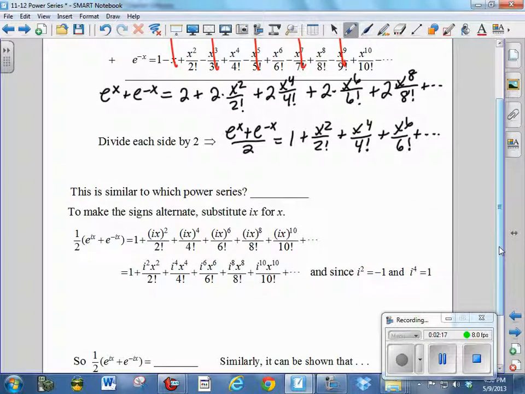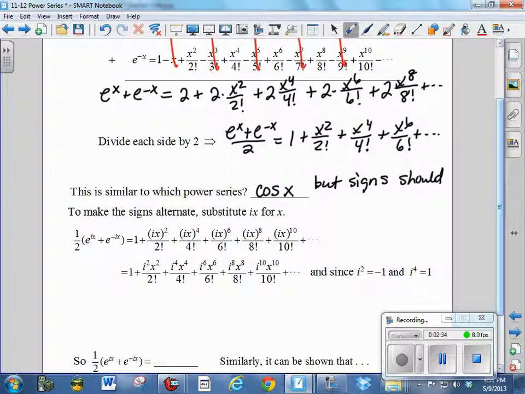Well, hopefully you said it looks like cosine, except for the fact that the signs need to alternate. Because with the cosine function it should be 1 minus x squared over 2 factorial plus x to the 4th over 4 factorial.